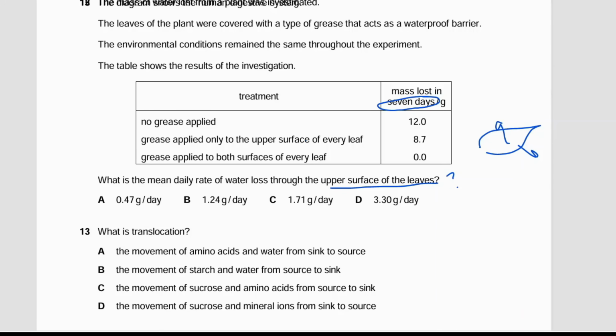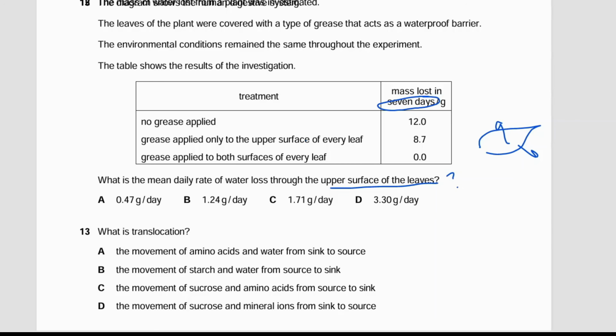So I guess we would halve this, like 8.7 divided by 2 is 1.4, 1.24. 8.7 divided by 7, 1.24, divided by 2. Okay, then this is not the answer.